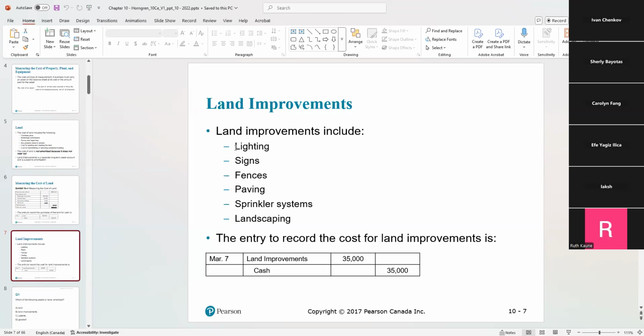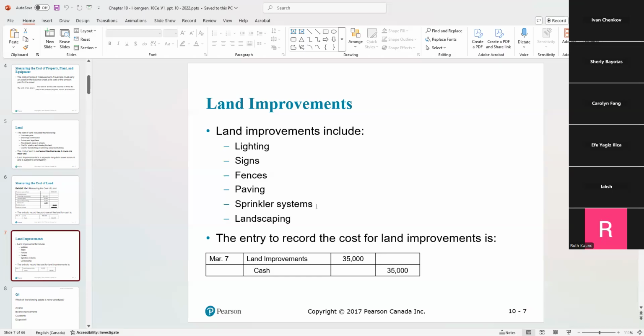So the lighting that I'm going to put, so I can plant and take care of my potato at night, is going to have a limited life. That's going to be amortized over its life. The signs are going to be amortized. The fences that I'm going to put around my potato land are going to have a limited life.